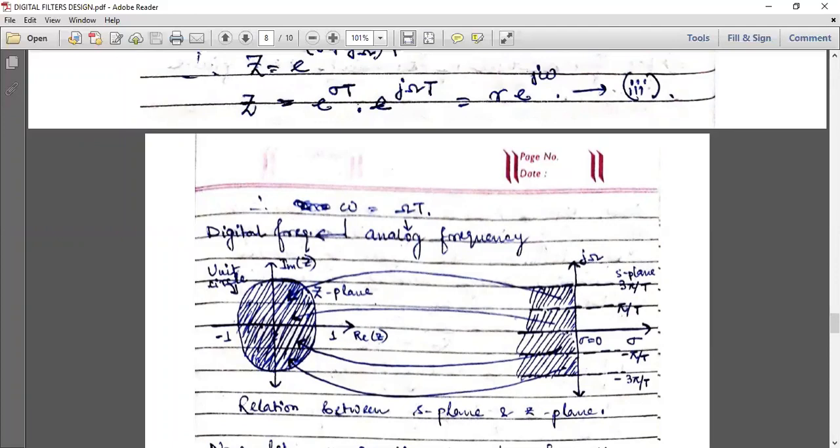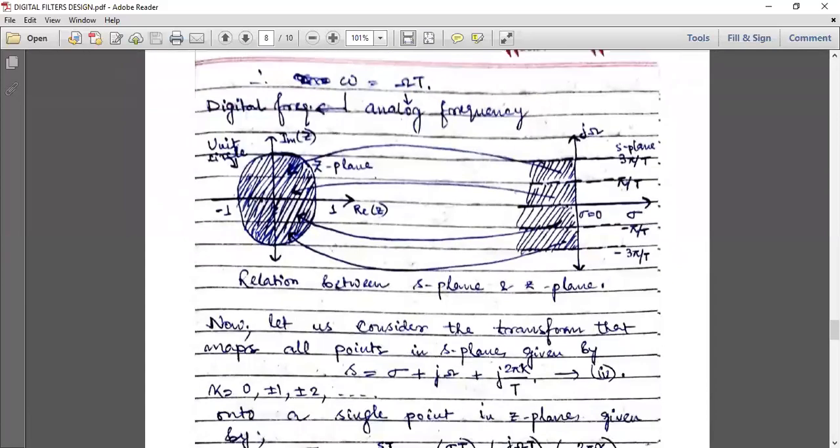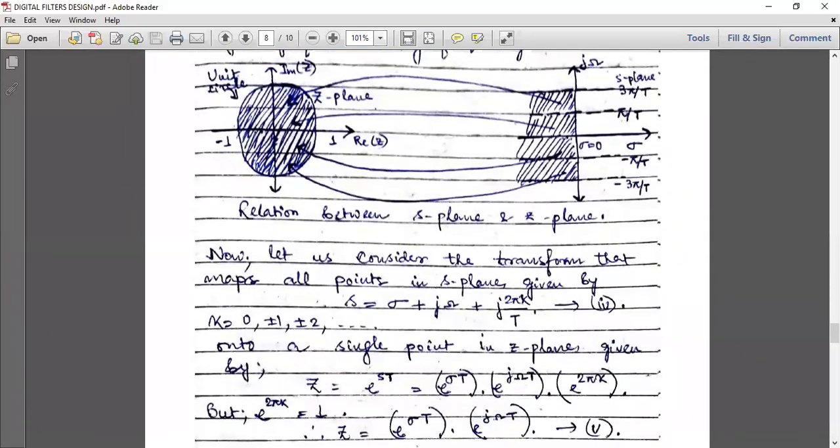Now you can notice in my note, I have drawn a diagram, and below the diagram, I have given the heading as the relation between S plane and Z plane. On the left side, the Z plane is shown, and on the right side, the S plane is shown.